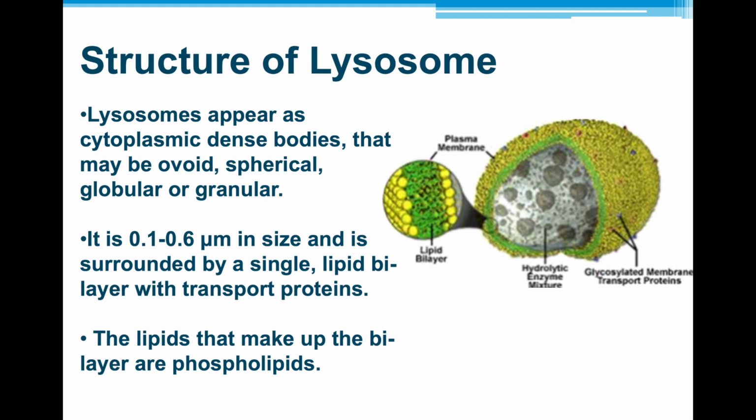The sizes of lysosomes vary, with the largest ones measuring more than 1.2 micrometer, but they typically range from 0.1 micrometer to 0.6 micrometer, and are surrounded by a lipid bilayer along with transport proteins.